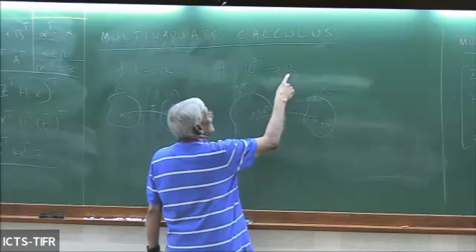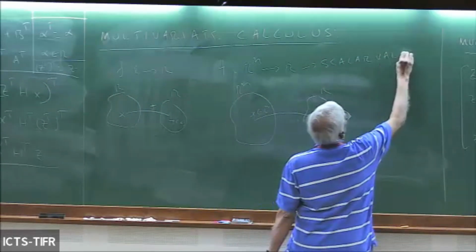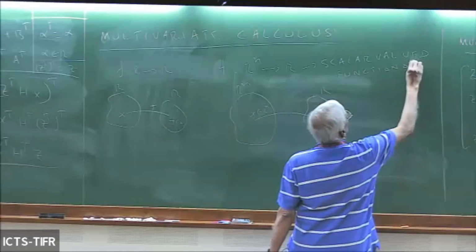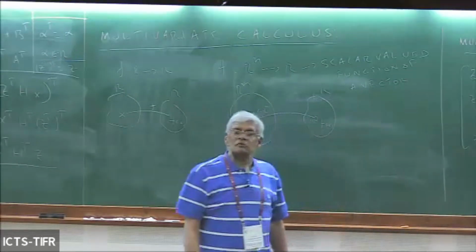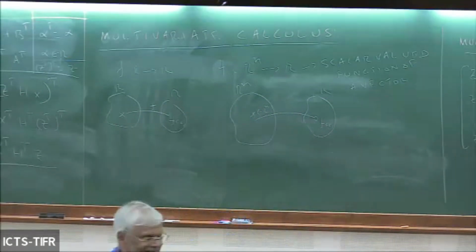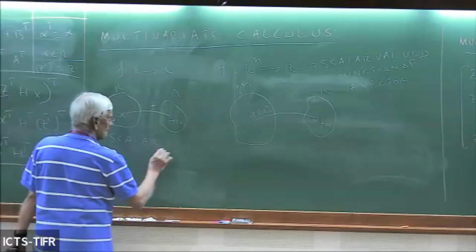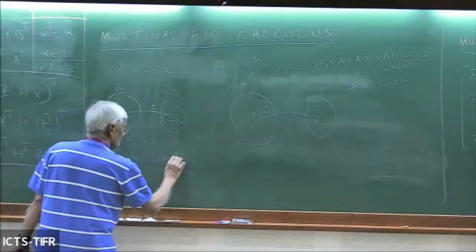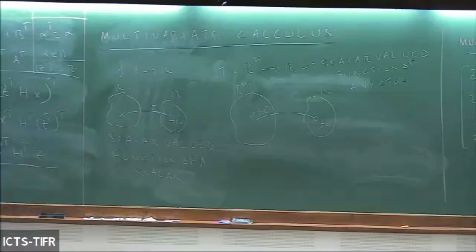This is called a scalar valued function of a vector. You remember I talked about functional yesterday? It's a functional. What is this? This is a scalar valued function of a scalar. There's a third class of function we will use, but a little later.